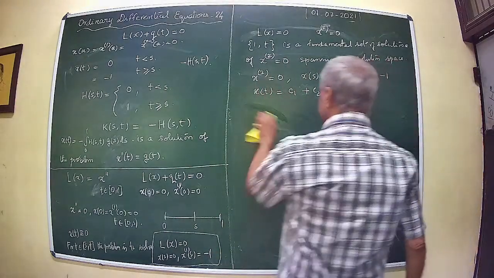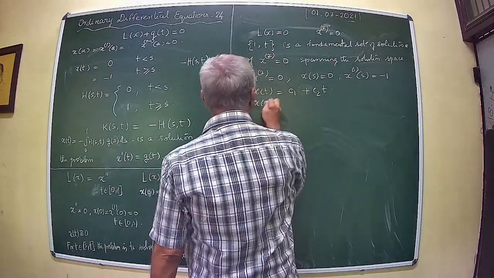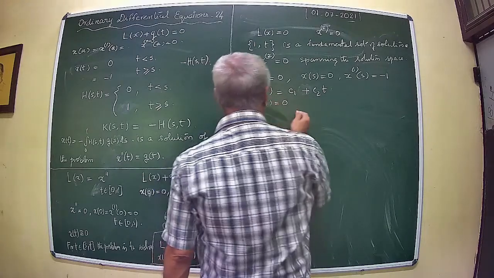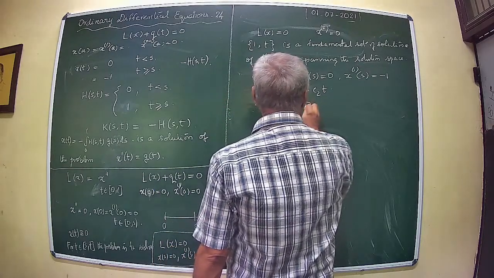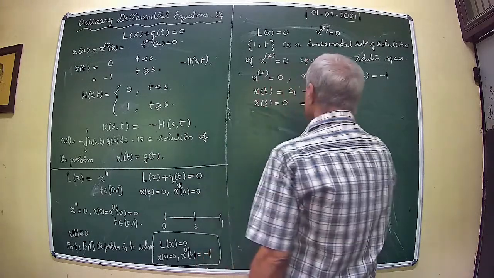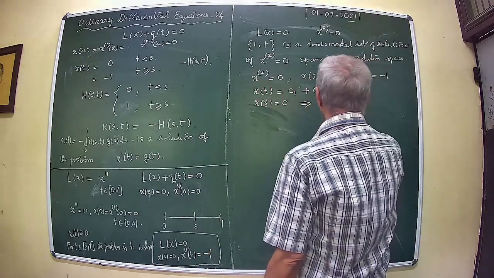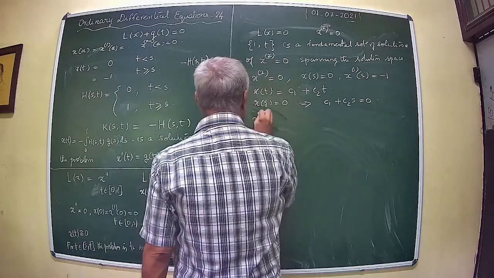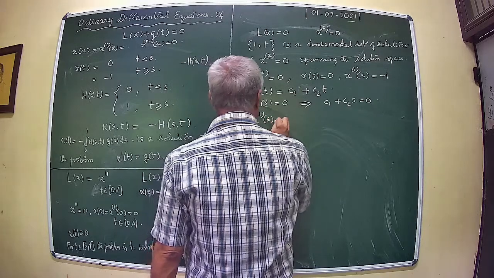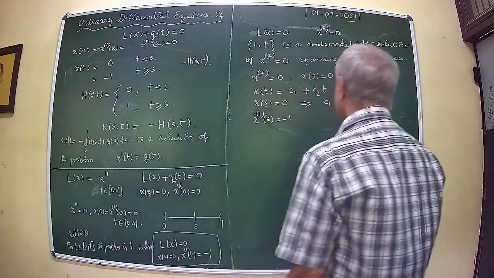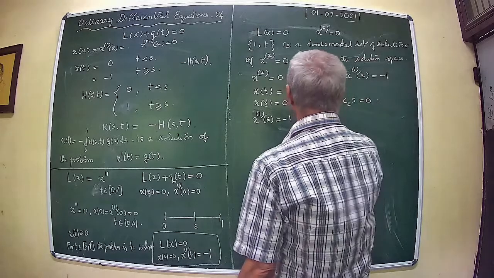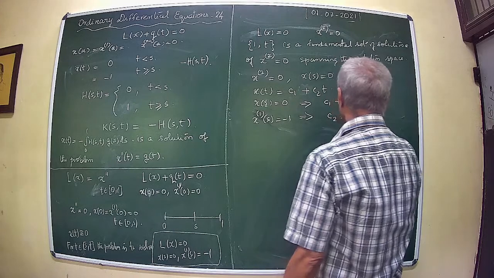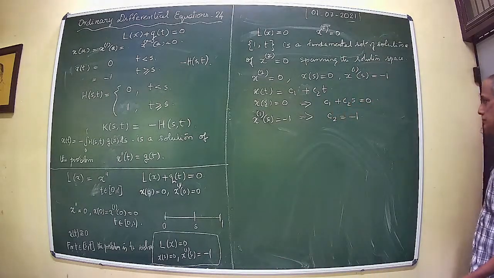Now use the conditions. x(s) equal to 0 gives one equation. What about x derivative of s? Minus 1. This is what we want. This implies if you take the derivative, you are left with C2 equal to minus 1. Okay.